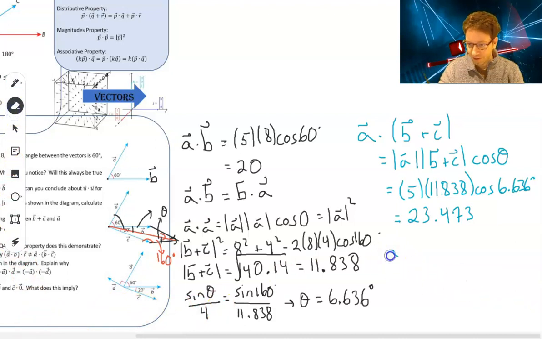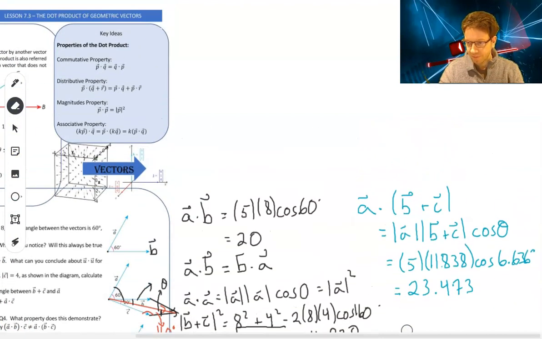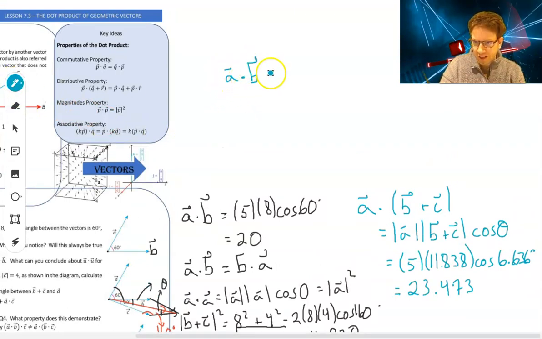All right, well, what if we calculated A dot B and then added A dot C? Okay. Well, first, A dot B, we actually calculated that right here in our very first step. So that's 20.